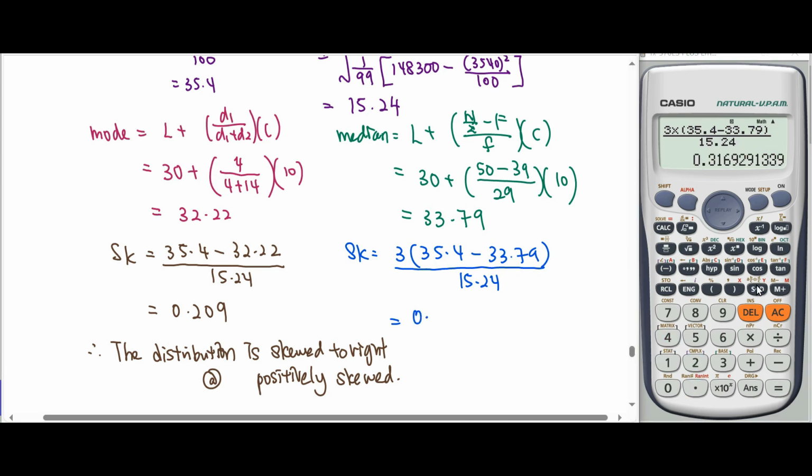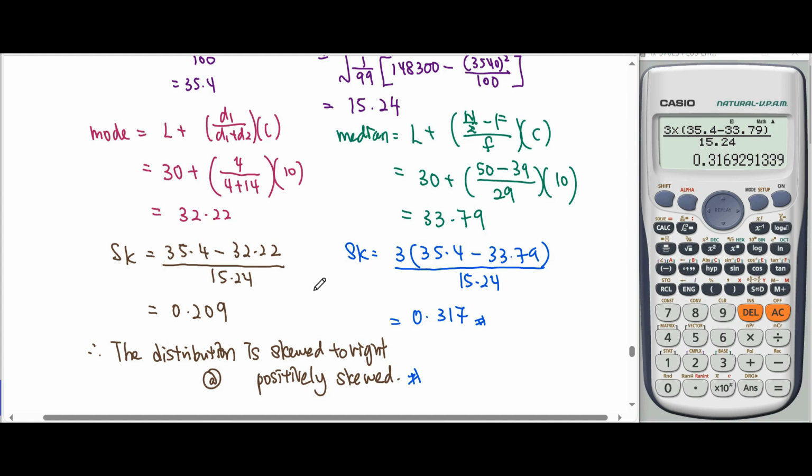So we're still getting a positive number. So 0.169, and if you want to round off, it becomes 0.173. Alright? So our conclusion is still the same. When you have a positive value, it means the distribution is skewed to the right or positively skewed.